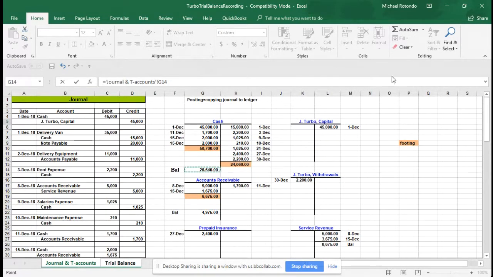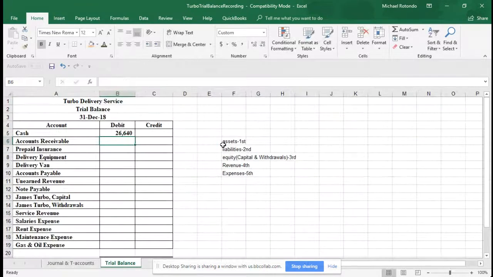I'm not picking up the individual footing, only the balance. And then I'm going to press Enter. I did format it for no decimals because we don't have any change, so it just makes it a little neater. Accounts receivable, same thing.